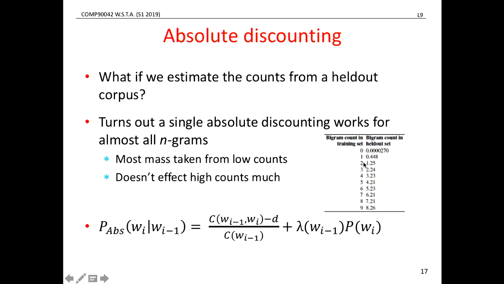So by and large, they're somewhere around subtracting 0.5, 0.6 or so from the number. But notice how the zeros are now increased by a tiny amount. In held-out, we are going to see bigrams that we didn't see at training time. So this is based around these observations, this idea of subtracting a uniform amount from all of these, and then adding it back into the zeros.